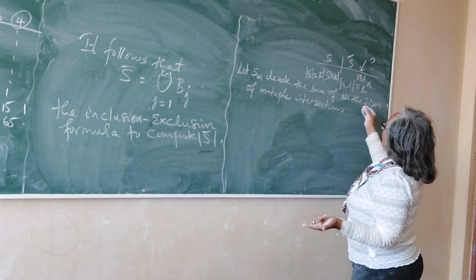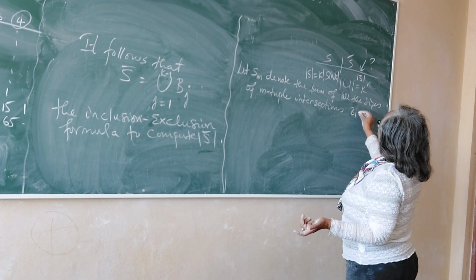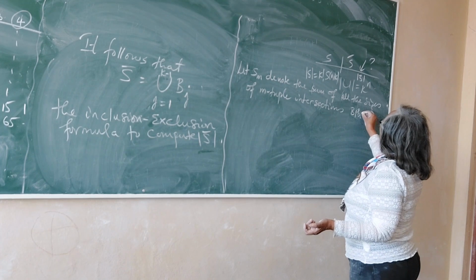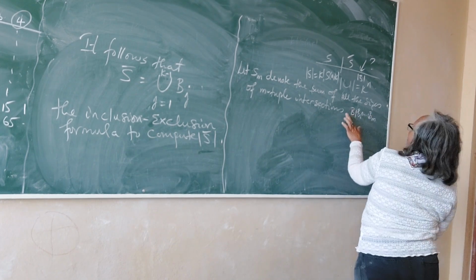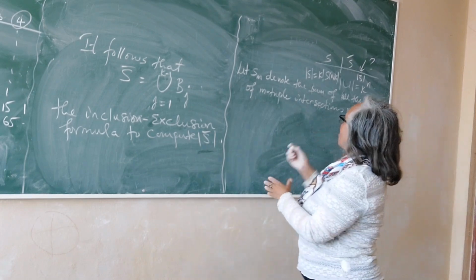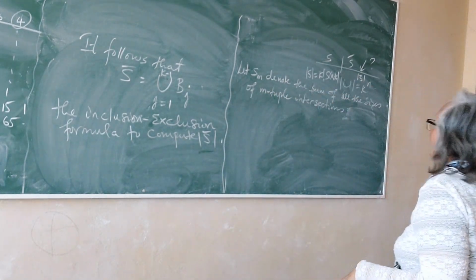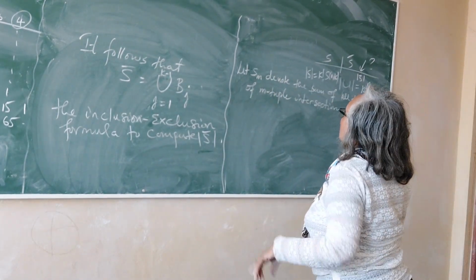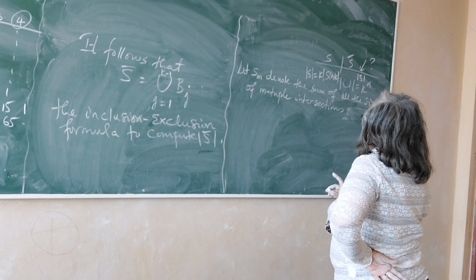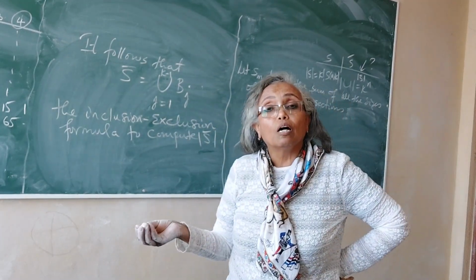That means the sizes of all such intersections, B1, B2, up to Bm, all possible such m-tuple intersections. So Sm is a number for every m, which in our case could go up to k minus 1. In general for inclusion-exclusion it goes up to k.